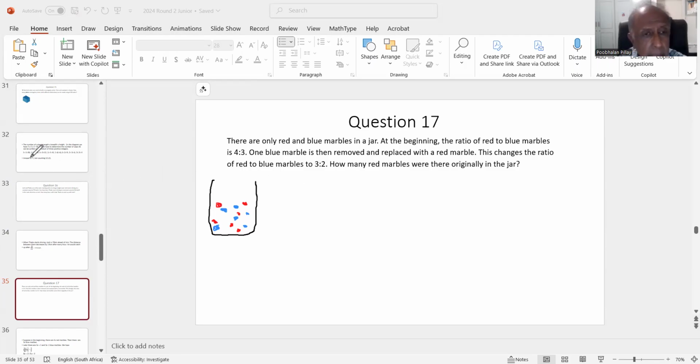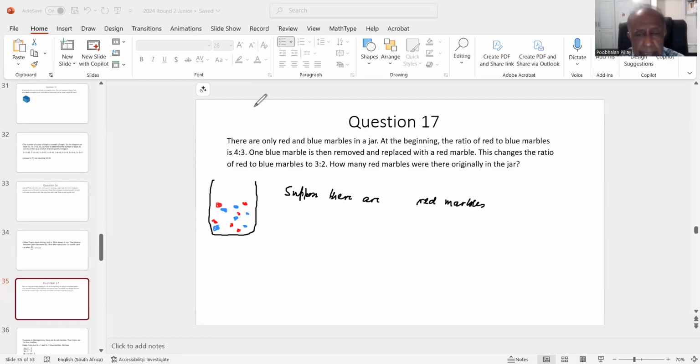So we don't know how many there are in the beginning, but suppose there are so many red marbles in the jar, and the ratio is 4:3.